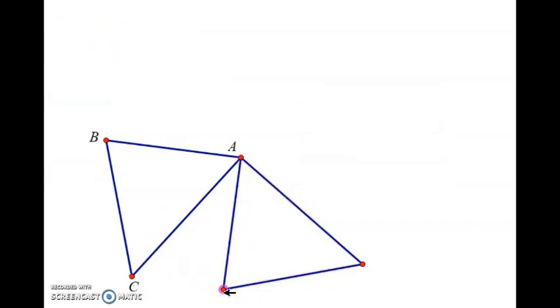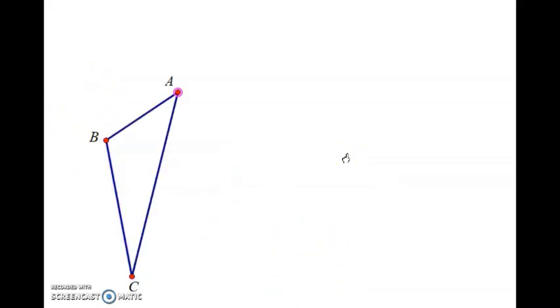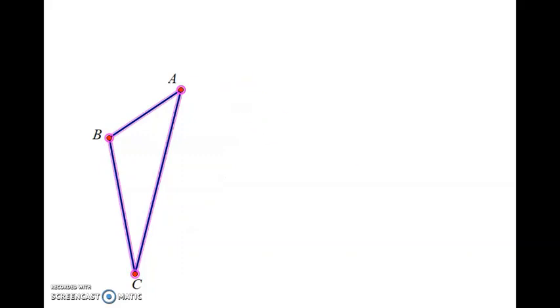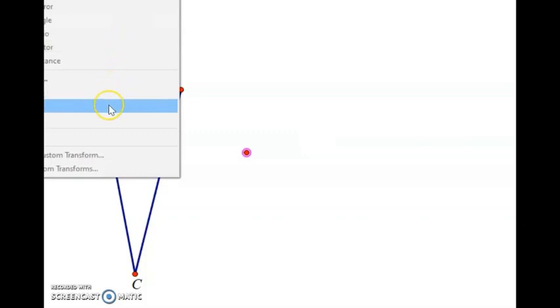Was this point B or point C? So if it rotated, it just turned. The point of rotation does not need to be one of the points of the figure.